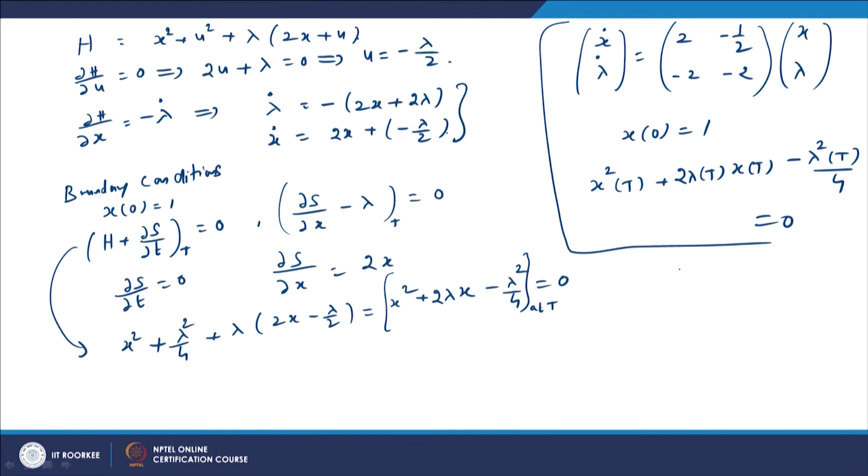So, we can solve the equation x dot equal to A x as x of t equal to C1 e to the power lambda 1 t into x1 plus C2 e to the power lambda 2 t into x2, where lambda 1, lambda 2 are the eigenvalues of capital A, and x1, x2 are the corresponding eigenvectors. So, the solution can be written like this, where capital X means small x and lambda.